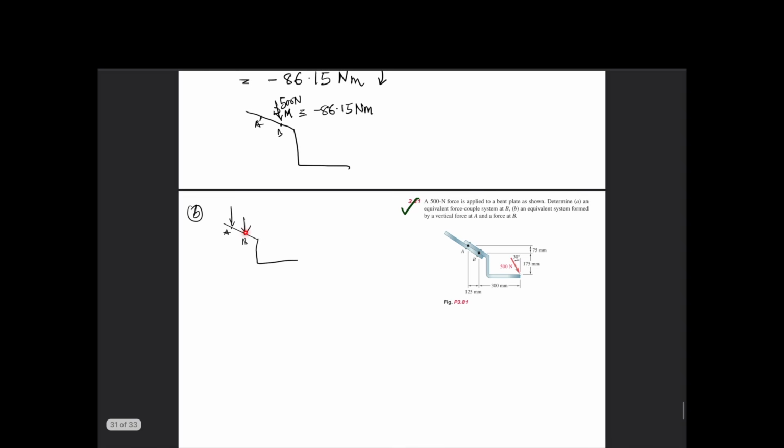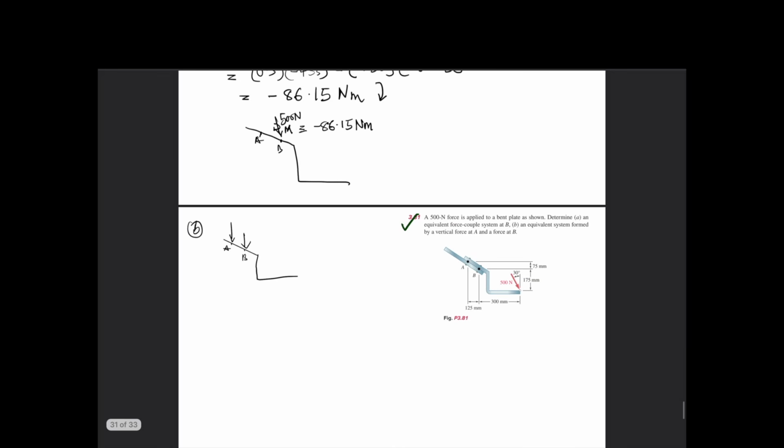Since we know that this same force here, the moment about this point is equivalent. So we can simply bring back our value here, the magnitude of M. If you get the magnitude of M from that point, the magnitude of M is simply 86.15 Newton meter.